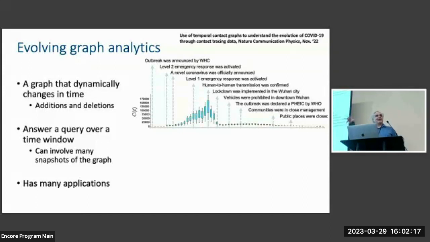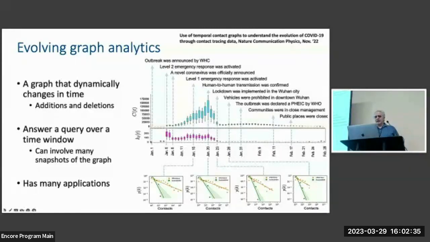They're looking back at the point where the outbreak of the pandemic happened, and they're trying to get the same query answered on these multiple snapshots of the graph. You see here the number of contacts identified on a daily basis inside the graph, and then they might come back later and ask how many of these contacts were from a vulnerable community, or do some deeper analysis on that.